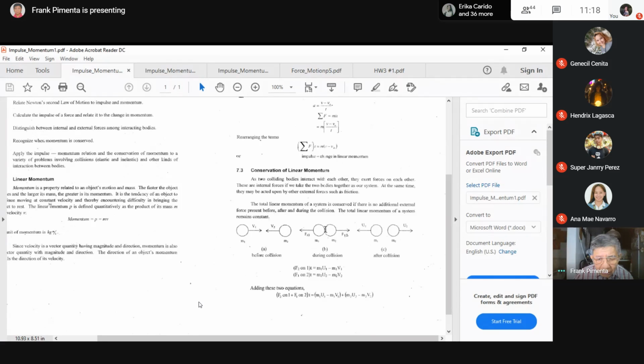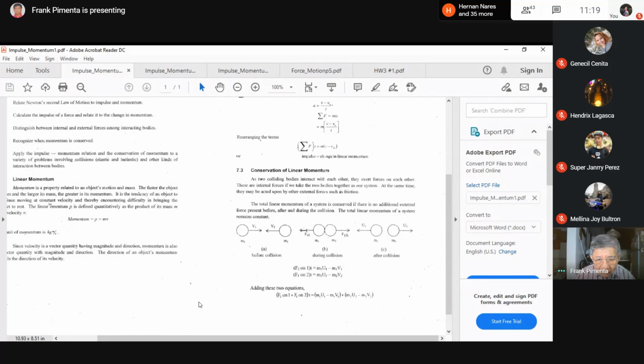Now, since body number 2 hit body number 1, the force that body number 2 exerts goes through, tumagos sa body number 1. So this force is produced by body number 2.